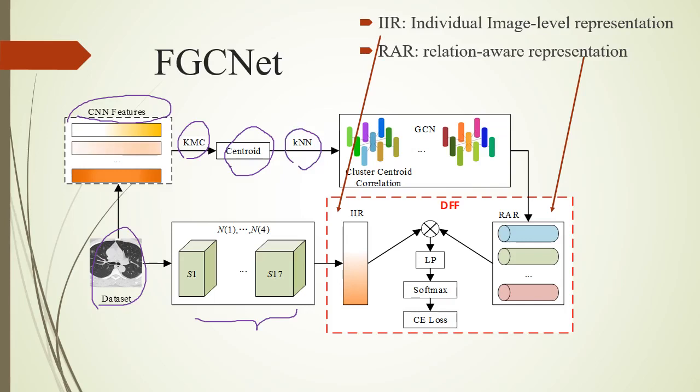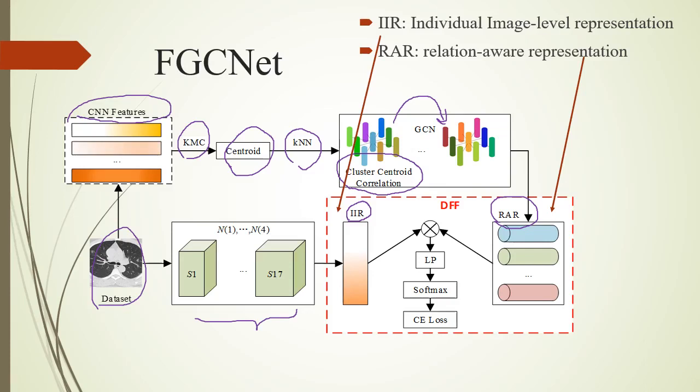So here the graph will represent the cluster centroid correlations, and the novelty is that we build a graph convolutional network. In that paper we built a two-layer graph convolutional network, and after training we extract the relation-aware representation features here, and on the left is what we call the individual image level representation.